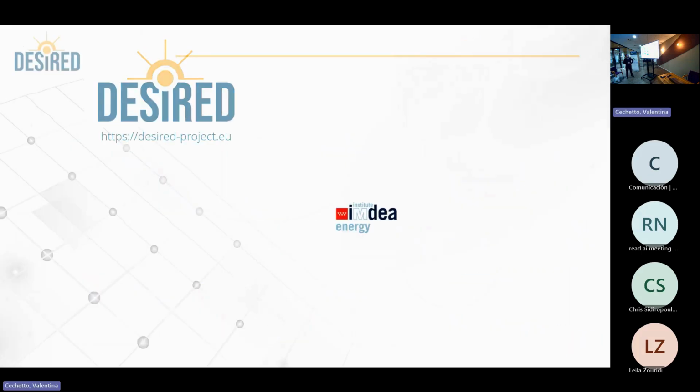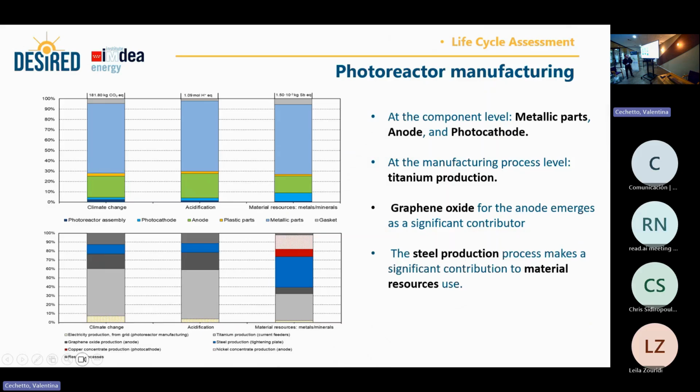Regarding the LCA result, the environmental results, we have this graph for the manufacturing step. In the manufacturing step, you can identify the hotspot. We have three environmental indicators: the climate change, acidification, and material use.